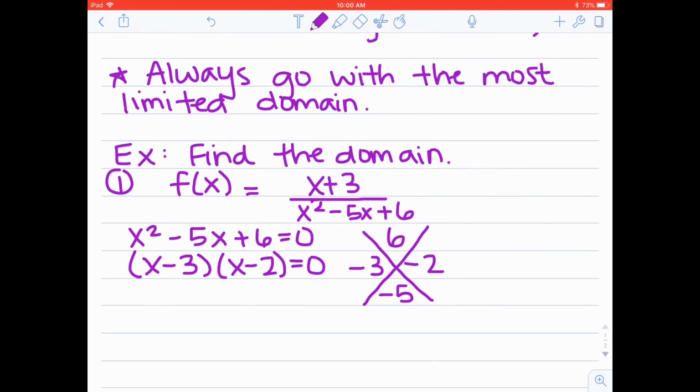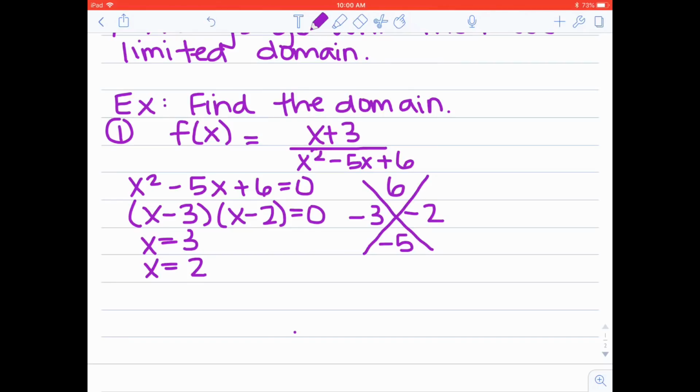That means that my solutions are x equals 3 and x equals 2. So those 2 solutions are what would make the denominator equal 0. That means that for my domain, I'm going to say I can have all real numbers, but I cannot have 2, and I cannot have 3.